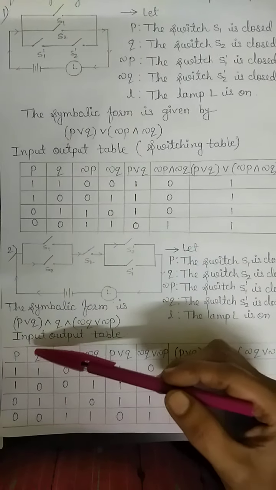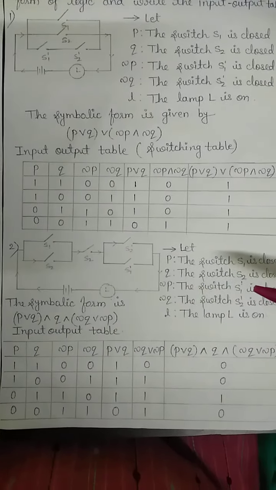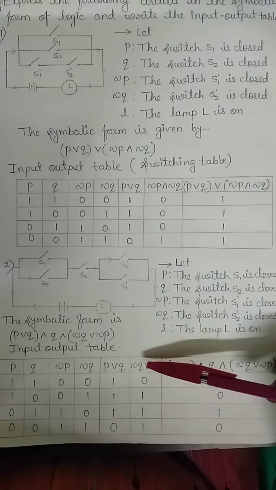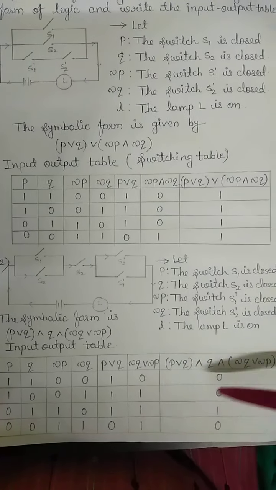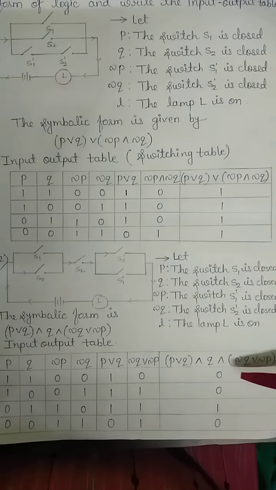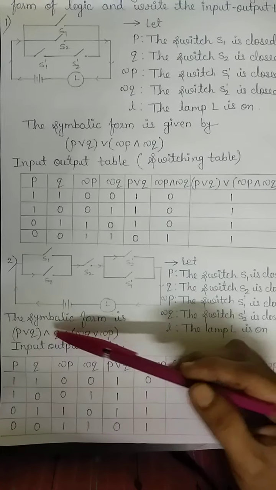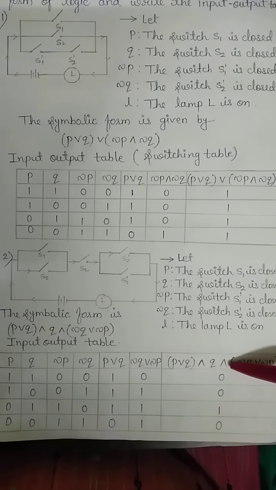Now while constructing the input output table, first we will write the required columns. So first column is P, then Q, then negation of P, negation of Q, then we require P or Q, negation of Q or negation of P, and finally the entire statement. Here at a time we can write all three statements because at both the places we have the same logical connective AND.